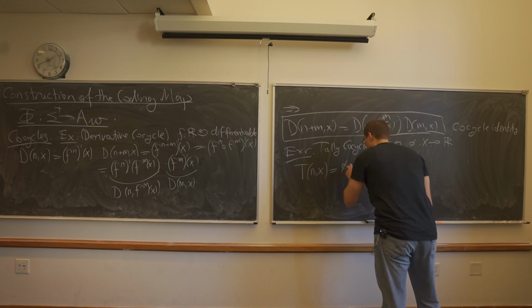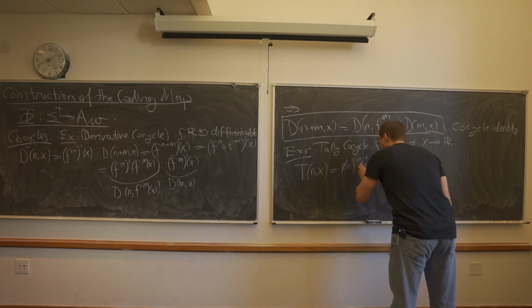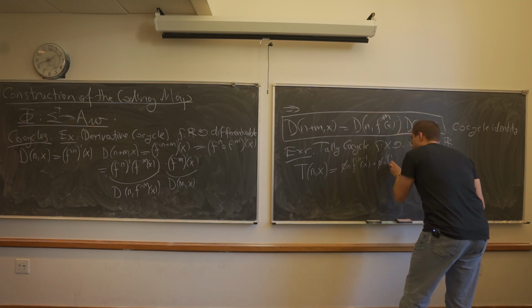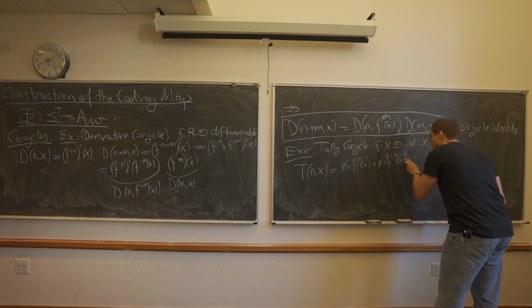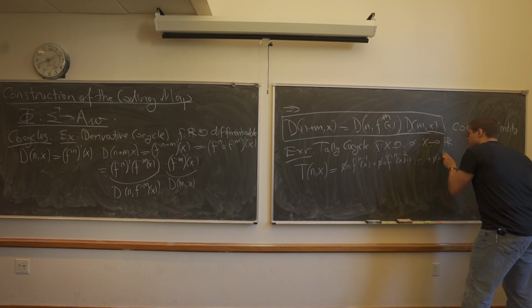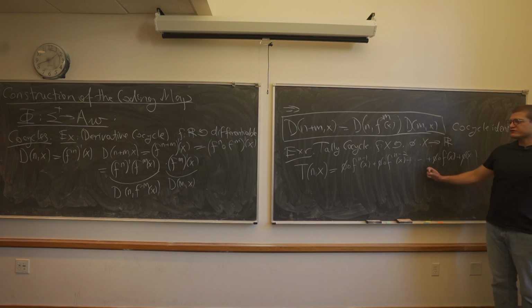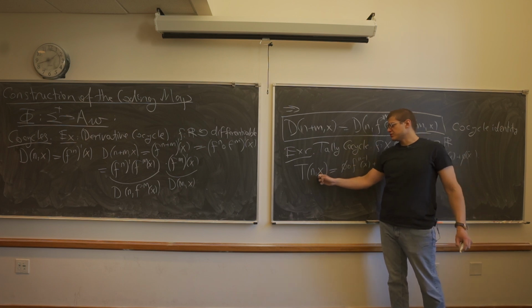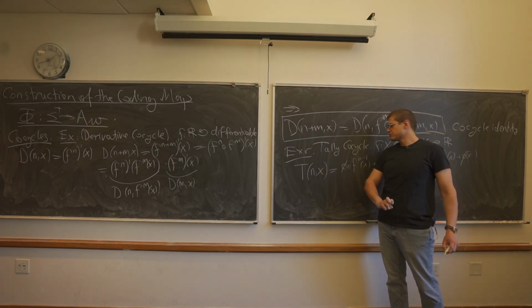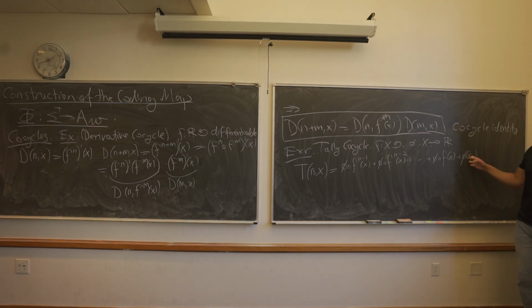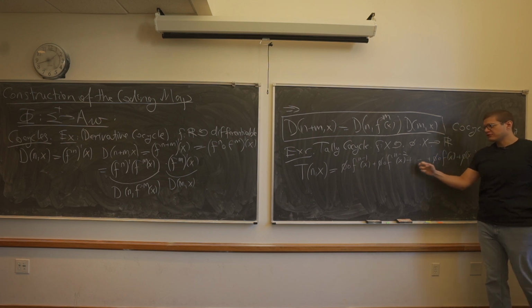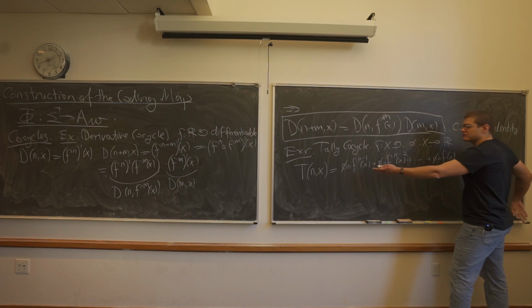Let's write it like this. So what does this mean? That's the measurement you're making. You start at an initial condition, and you're going to keep track of it up to time n. What you do is this. You look at what the value of your measurement is at x, and then what happens tomorrow at f of x, and then what happens 2 days later, and so on, all the way up to time n. And then you tally everything.